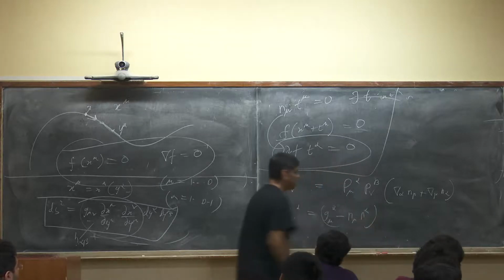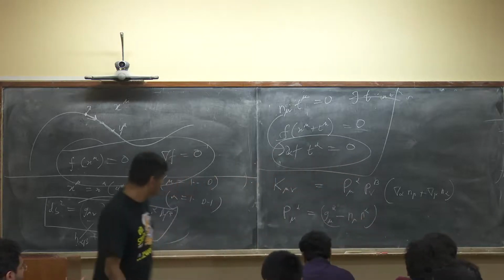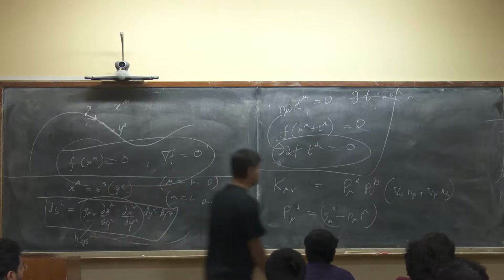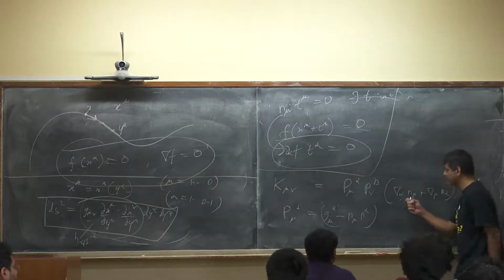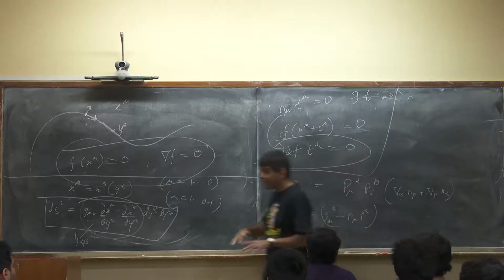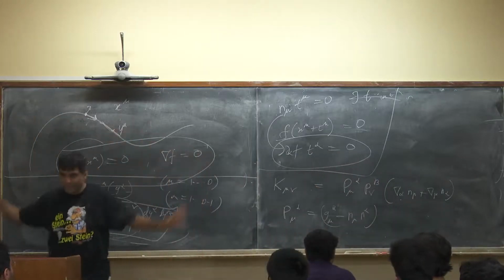I'm assuming here that n dot n is 1. The dels are defined with respect to the upper metric, the big manifold metric.